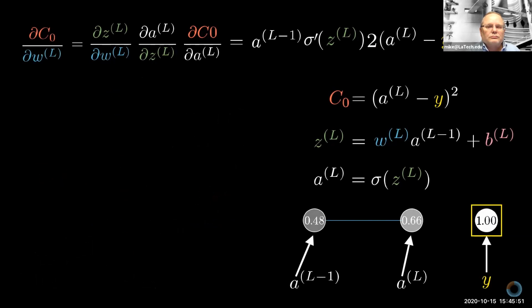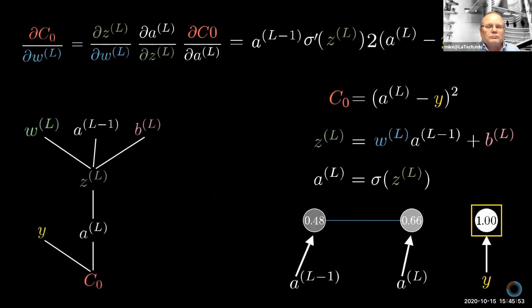But even though that's just one of the many partial derivatives, it's more than 50% of the work. The sensitivity to the bias, for example, is almost identical. We just need to change out this del Z del W term for a del Z del B. And if you look at the relevant formula, that derivative comes out to be 1.